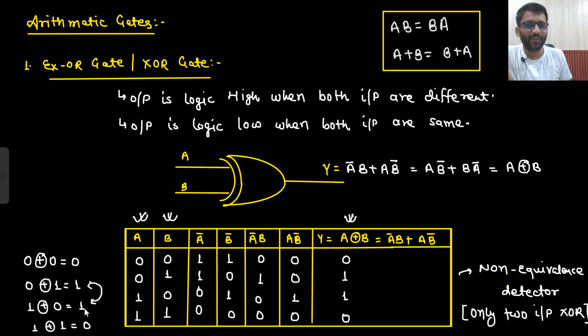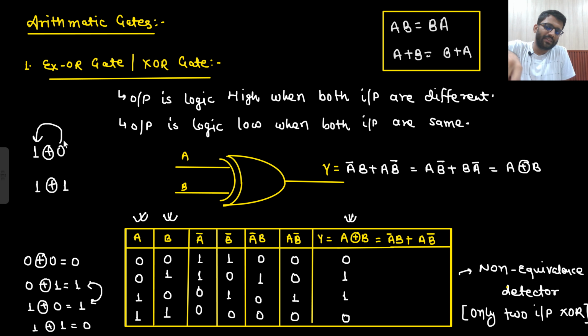And how do I usually remember it? I will tell you. 1 XOR 0, it is like that, right? And one more I will write, 1 XOR 1. So what I would do, I will pick this 0 and mix it in this 1. I picked 0 and put it in 1, what will we get? 1. I will pick this 1 and put it in that 1, reversing it, like you take it and flip it and put it in.